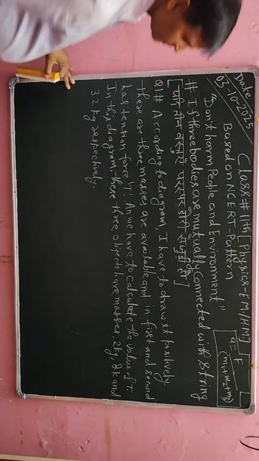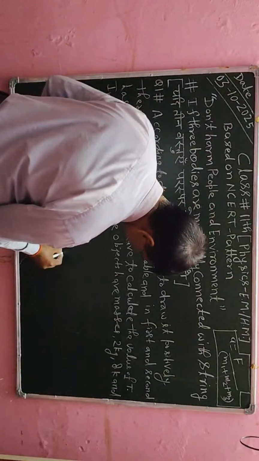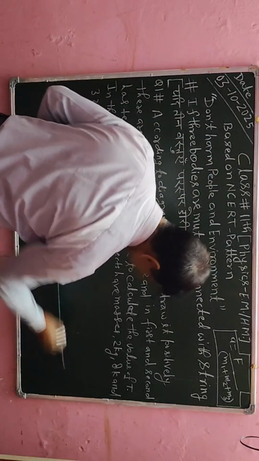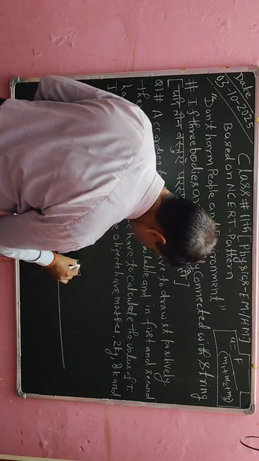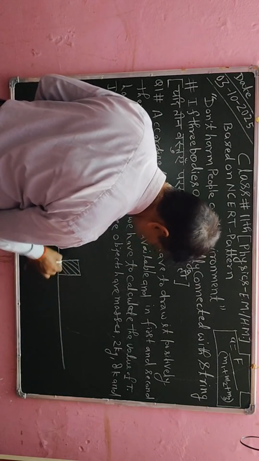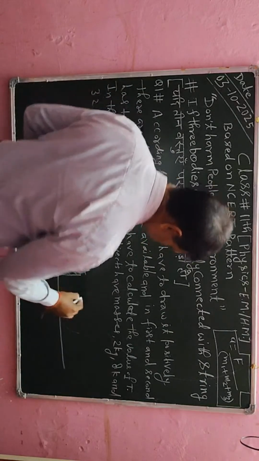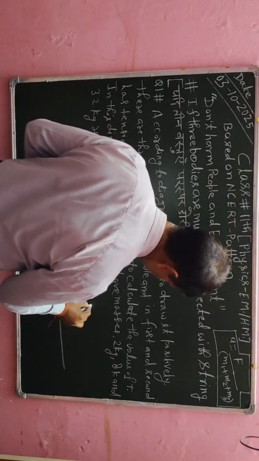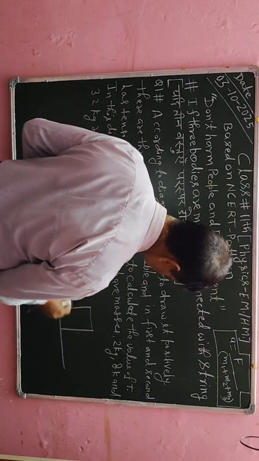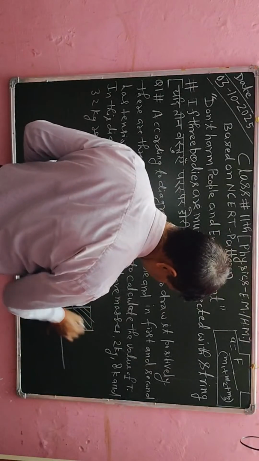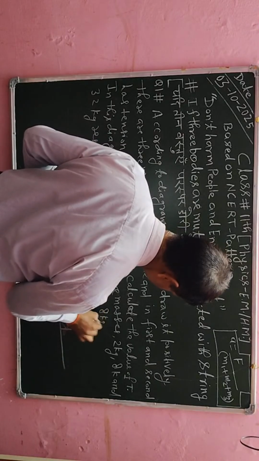Okay, so now I'm going to draw its diagram also. Here I have taken one body of 2 kg mass, and this is connected with a string. Here I will say this is the tensile force. Now this is the second object which has mass 8 kg.